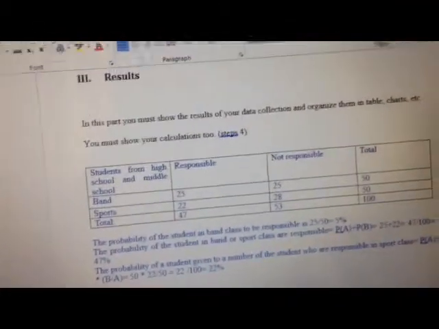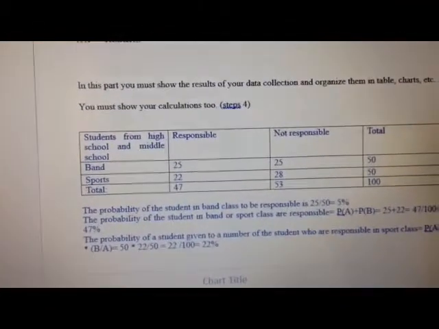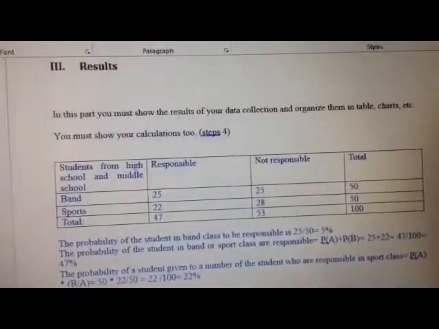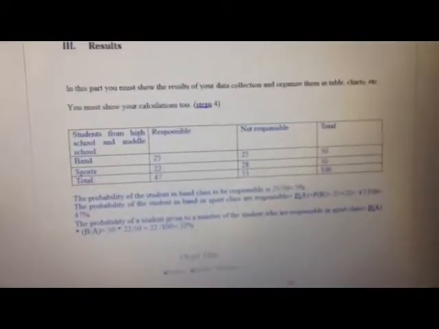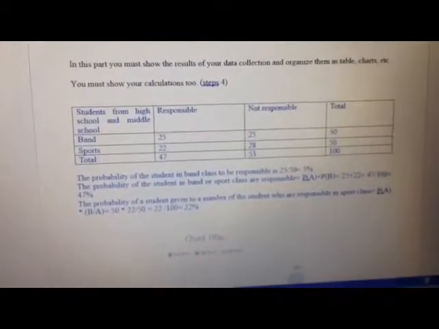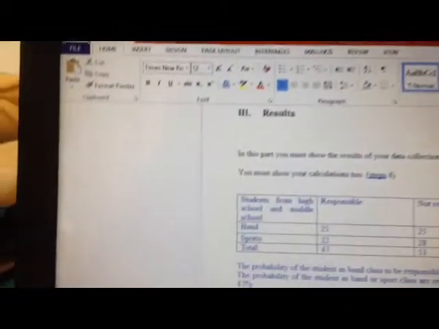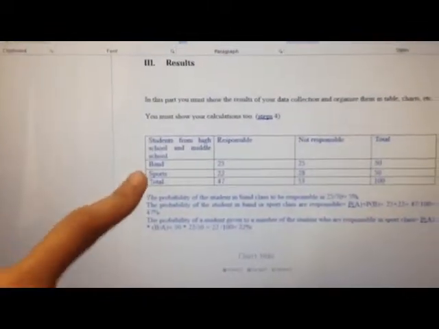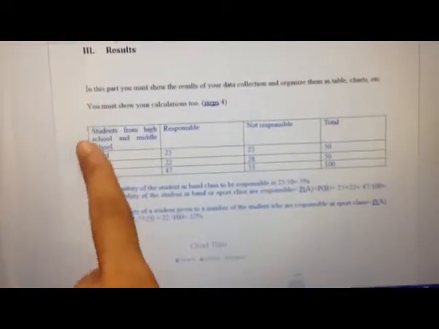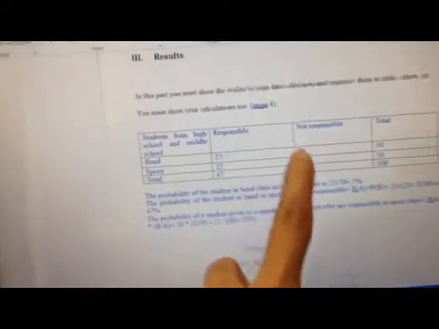Hello, I'm back. The frequency table that I'm going to show you is for my big project. I have been researching and surveying for it. The students from middle school and high school are here, with responsible, not responsible, and total. Here I put band and sports to see who is responsible and who is not.